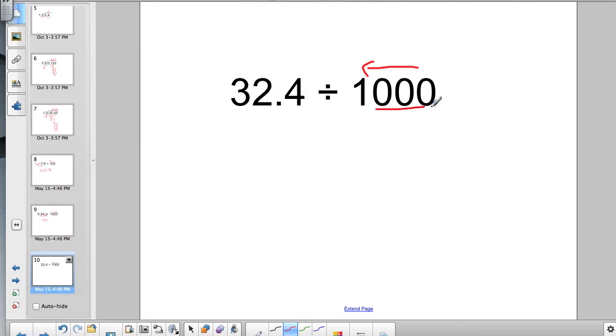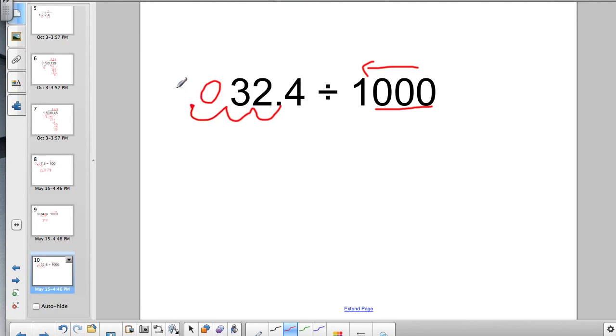If I'm dividing by 1,000, I better move that decimal point over 3 places to the left. 1, 2, I don't have a digit there, I just have nothing, so I better write in the digit that means nothing, the 0, and 3.